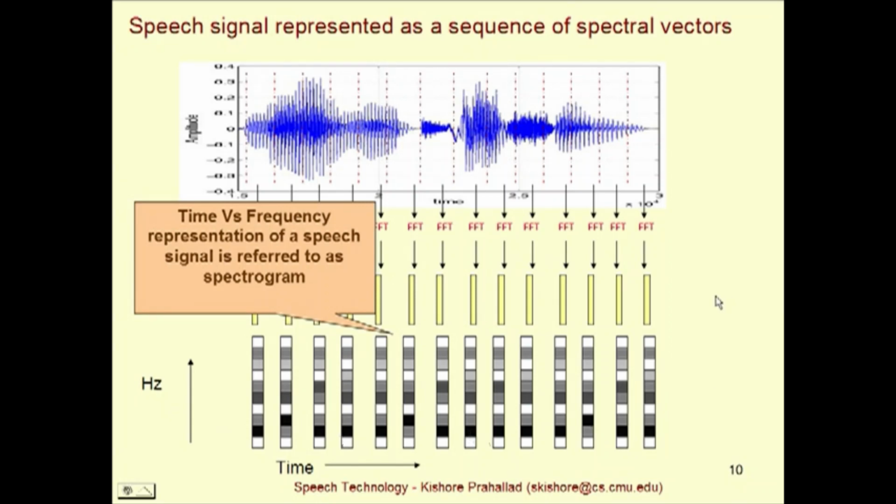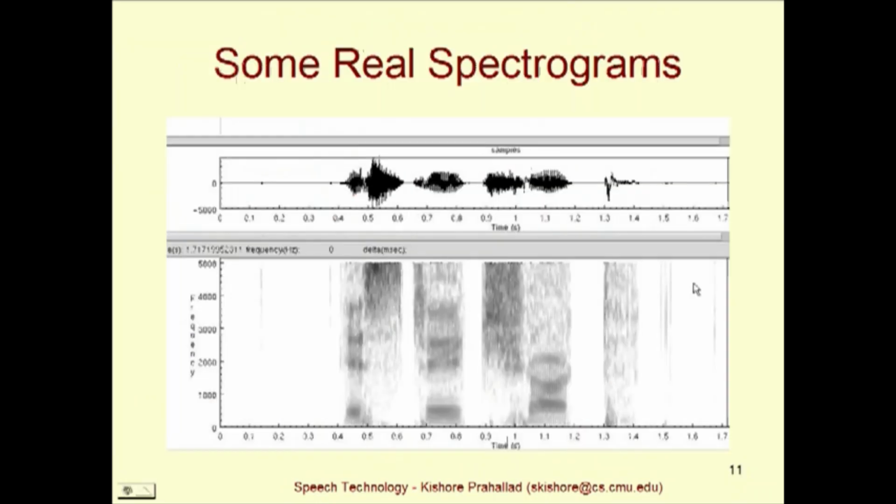So let's see some real spectrograms. This is a speech signal here, this is the time axis, and this is the frequency axis, and this is the spectrogram corresponding to this speech signal. You can see that this line striation which you are seeing here is obtained by using a short analysis window at this point, plotting the spectrum and then mapping the spectral amplitudes to gray level values.